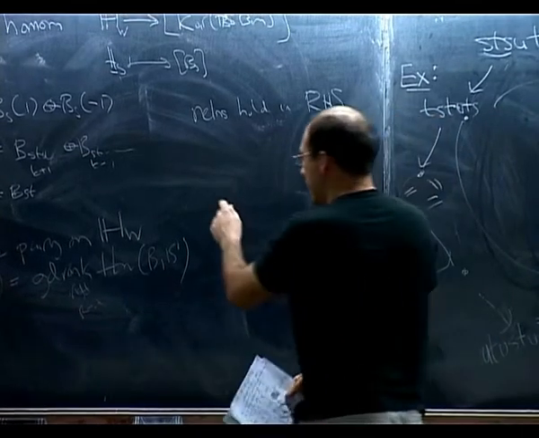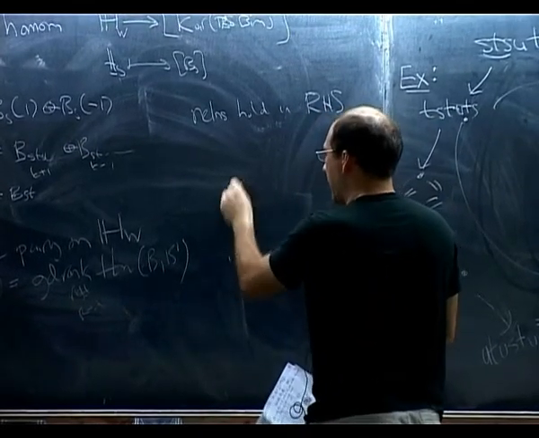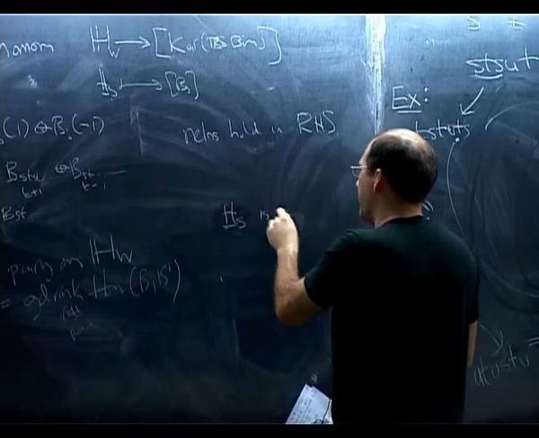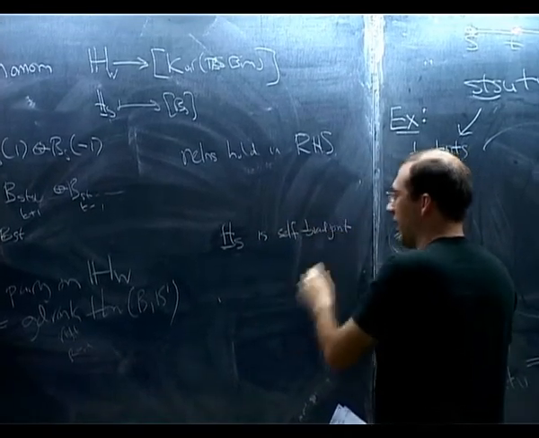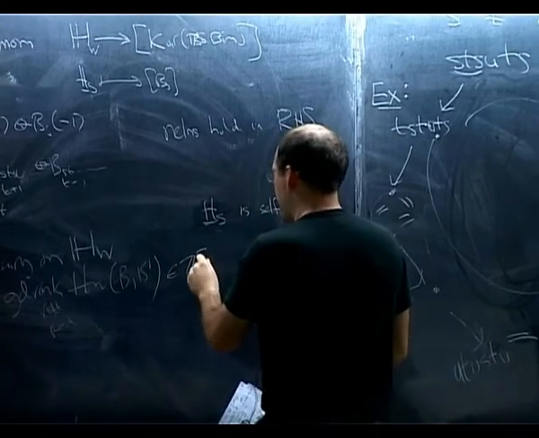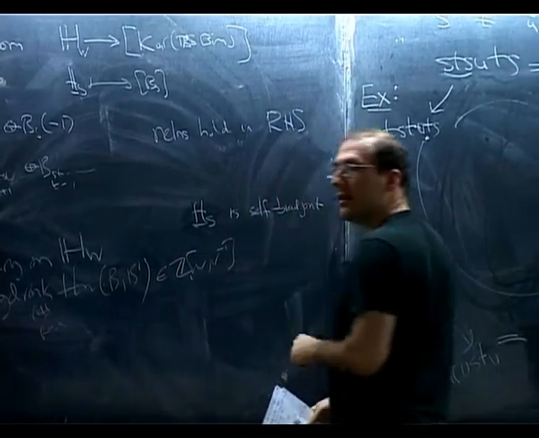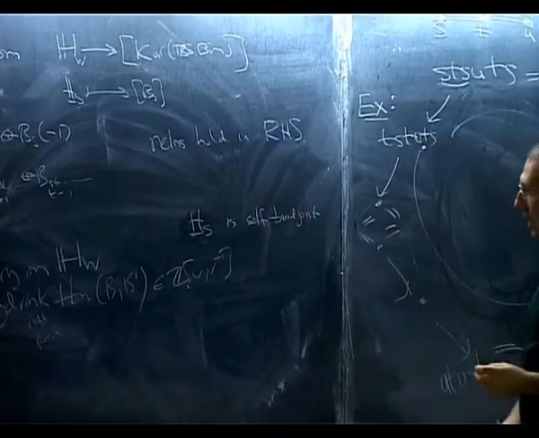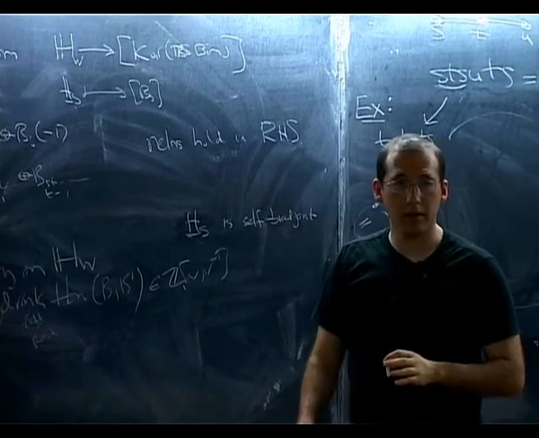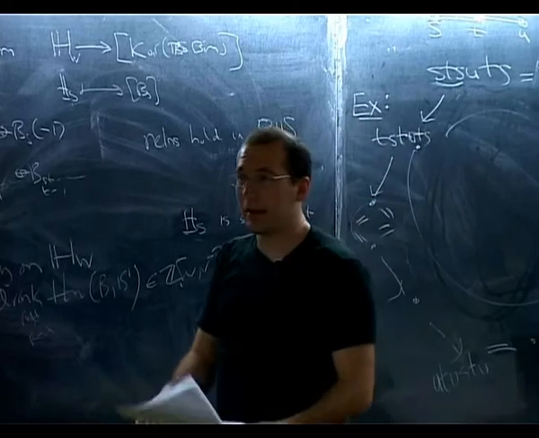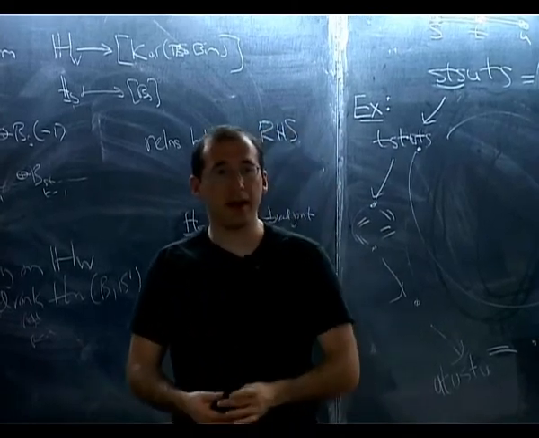And this pairing satisfies that H_s is self-biadjoint. Whatever it is, this pairing is self-biadjoint. So this is going to be a pairing very like the standard pairing.